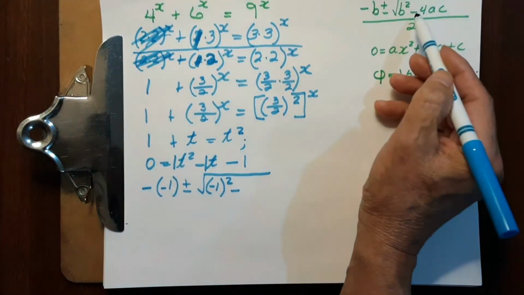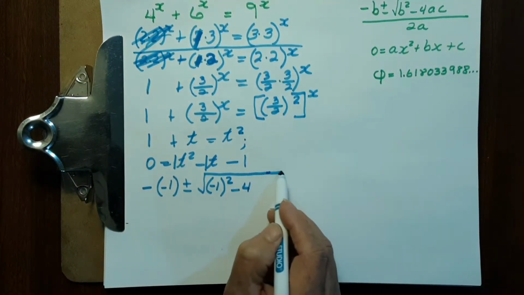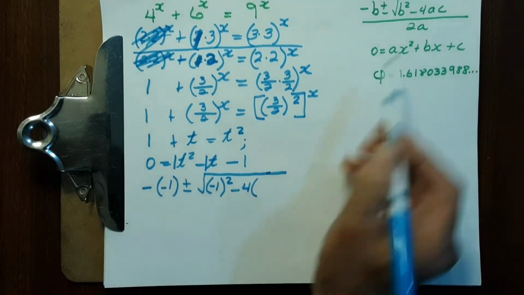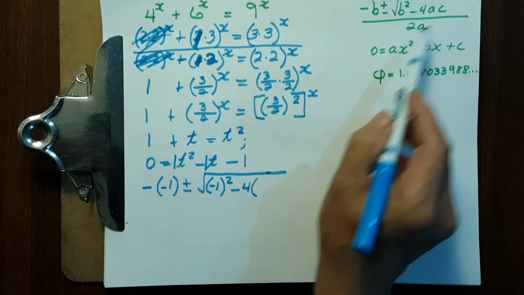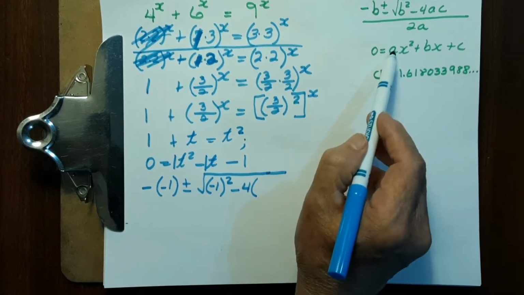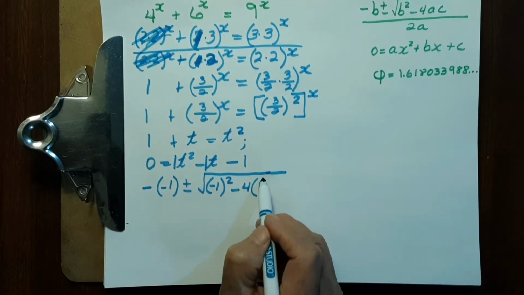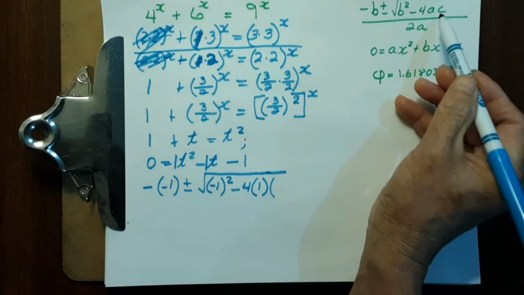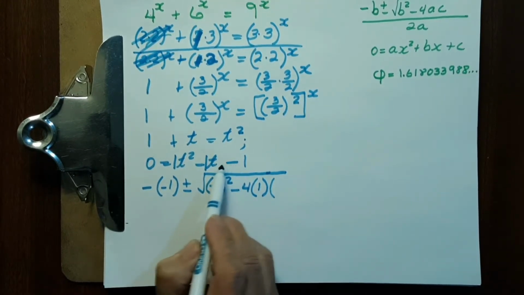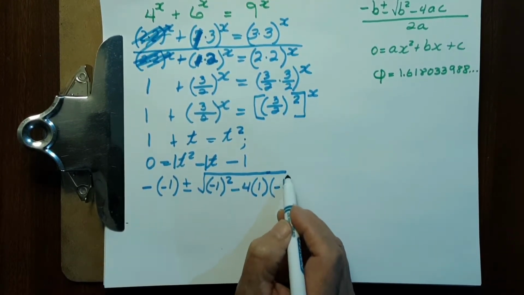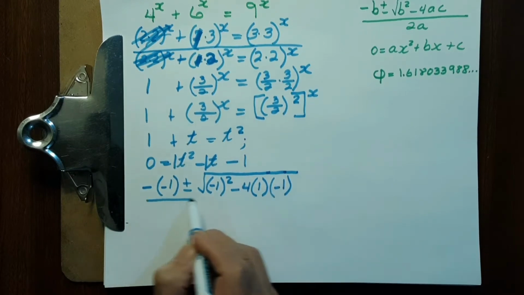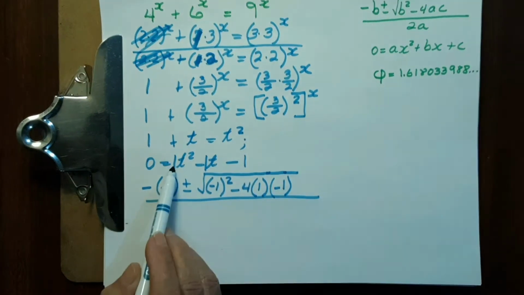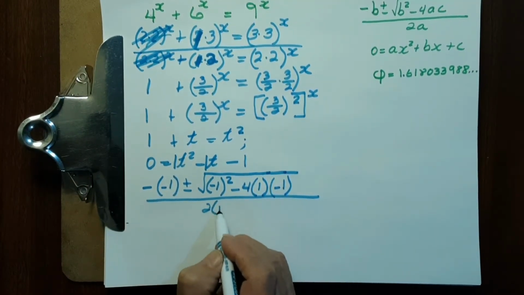Then minus 4 times A. A here is 1. Times C. What is C here in the equation? It's minus 1. Everything divided by 2 times A. What is A? Is 1. 2 times 1. Okay?